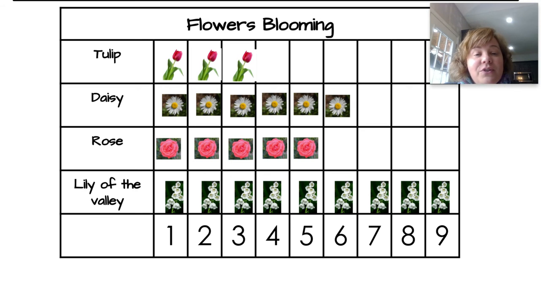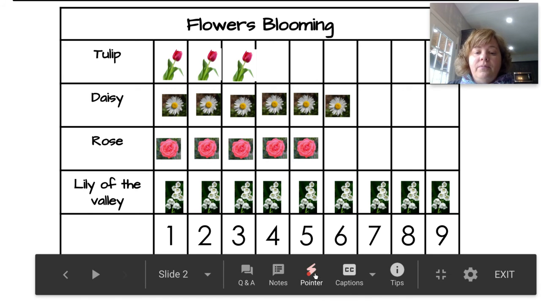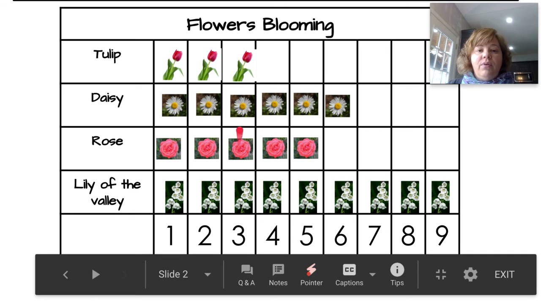Now I'm going to ask you to do some comparing, just like we did in our story problems on Monday and Wednesday. So my first question for you is, how many more Lily of the Valley bloomed than tulips? So let me get my pointer here. So if you did the problems on Monday and Wednesday, you drew boxes to compare. And a graph is already set up just like that for you. So we can see 3.